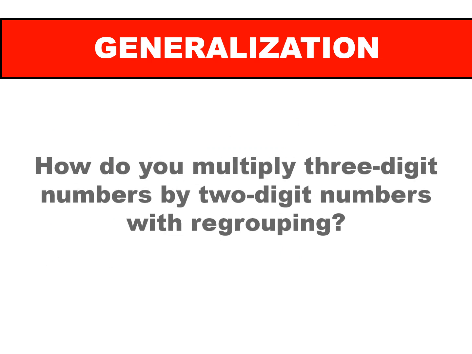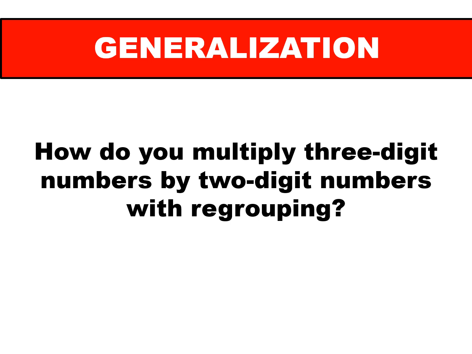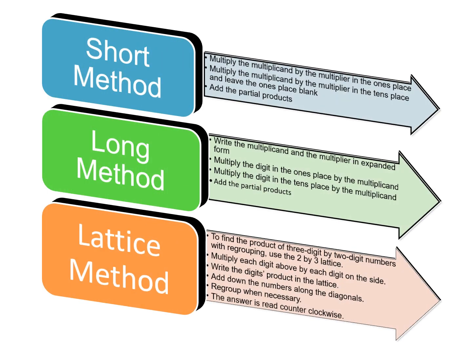Generalization. How do you multiply 3-digit numbers by 2-digit numbers with regrouping? So there are 3 ways to multiply with regrouping: the short method, the long method, and the lattice method.